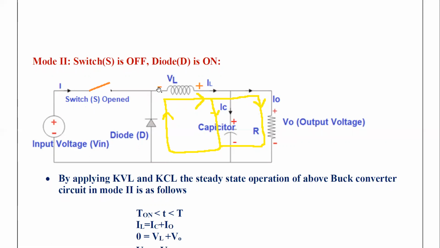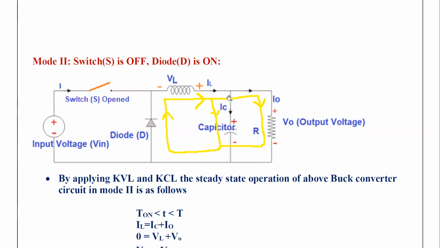Therefore, it changes its polarity, as it is acting as an active element or a source. Current will be flowing from negative to positive, supplied to the load as well as the capacitor, and coming back to the inductor through the diode D.